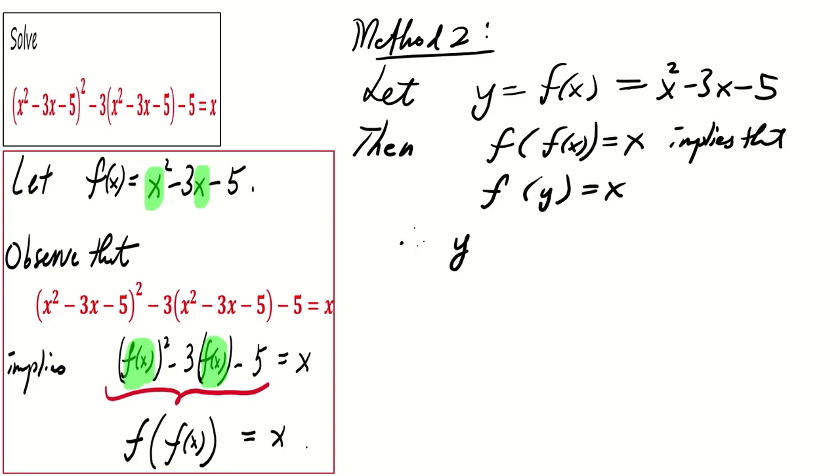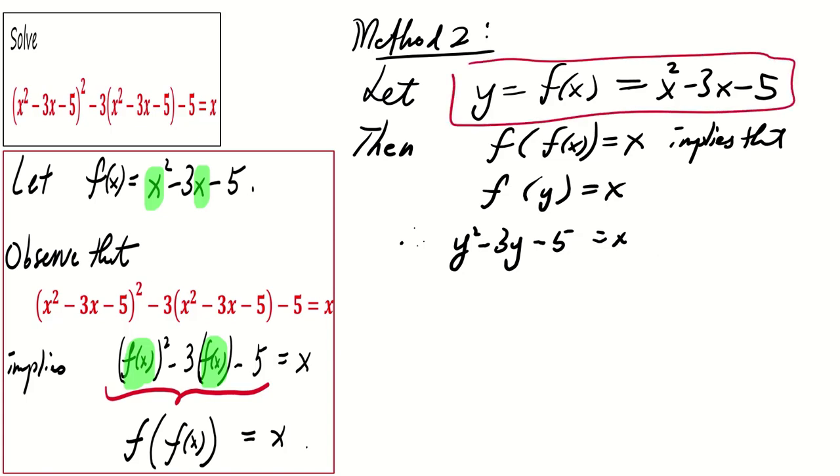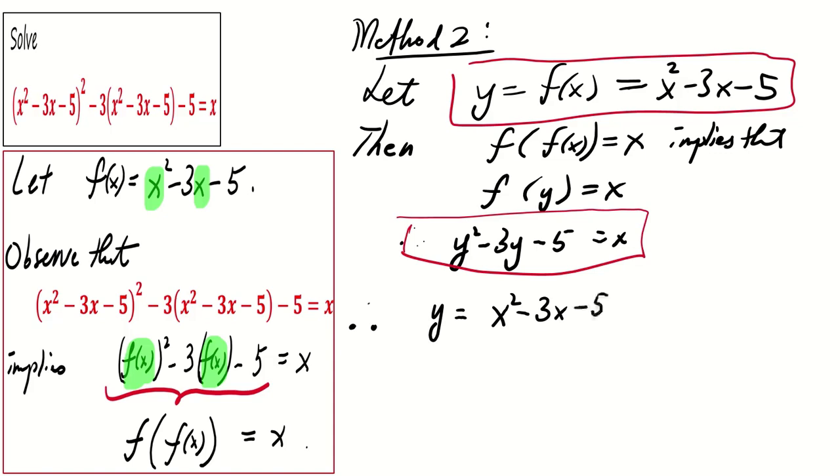From the definition of f, f(y) equals y squared minus 3y minus 5. So this equation gives us y squared minus 3y minus 5 equals x. Based on these two equations, we obtain y equals x squared minus 3x minus 5 and x equals y squared minus 3y minus 5. We may label these two equations as equation 1 and equation 2.